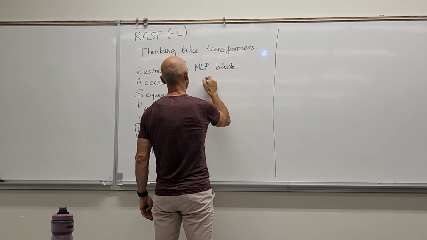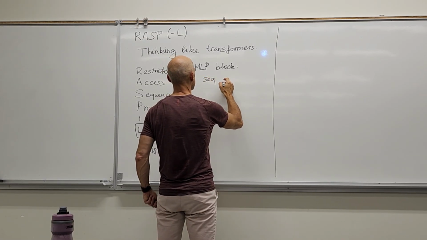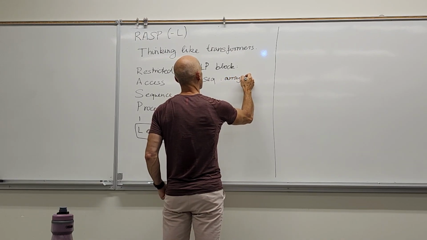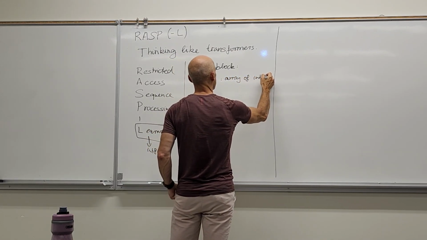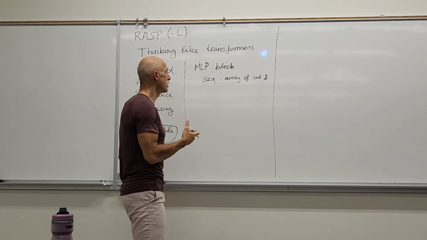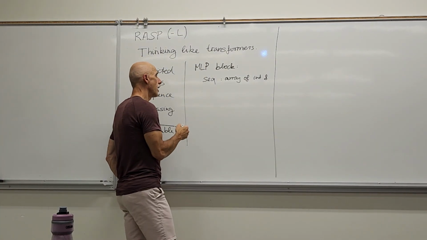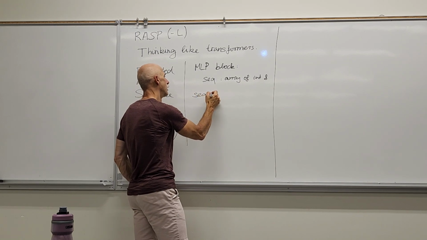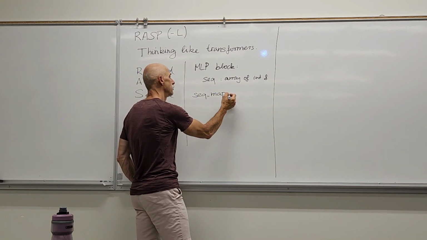So you have a sequence, which is an array of int8, and it's going to be a NumPy array. One of the things that you can do is called sequence map. It is what you think it should be.